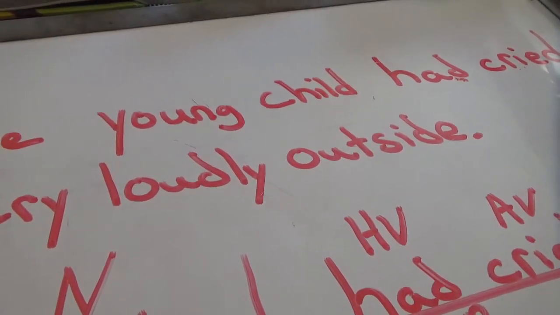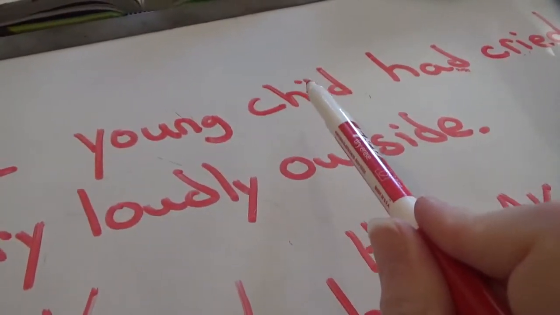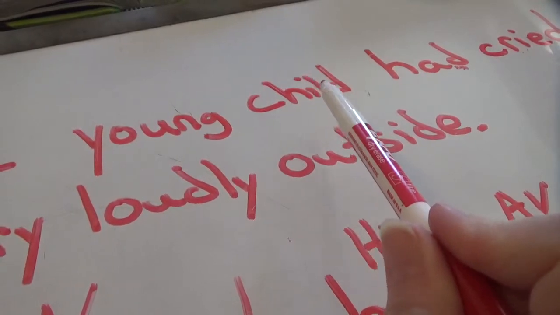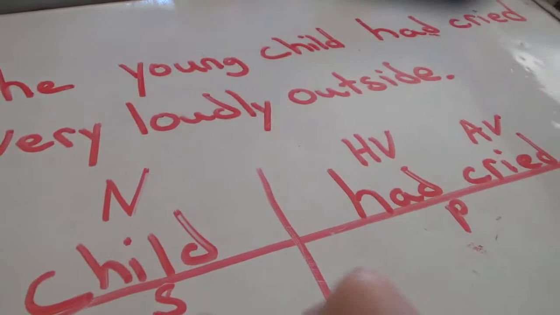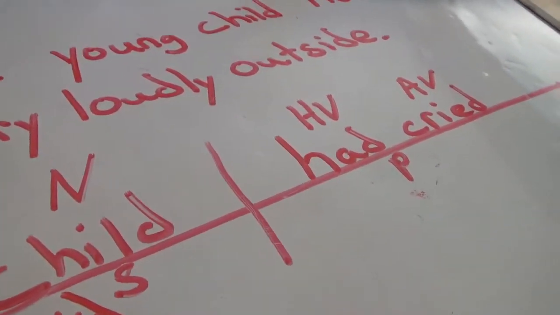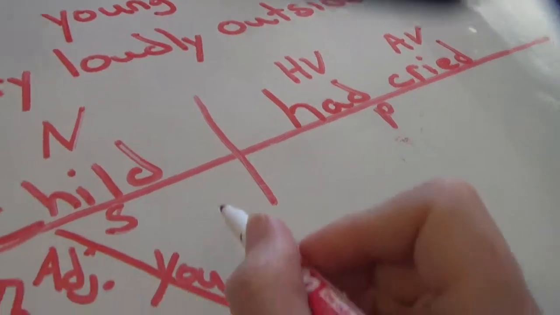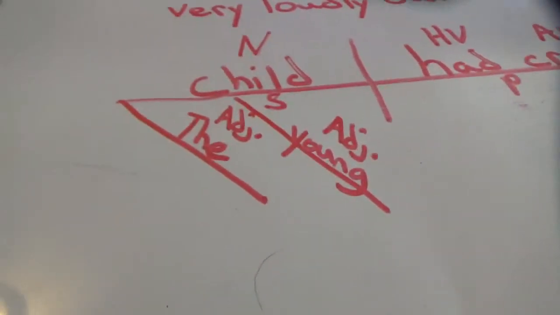Does it modify first a noun or a pronoun? Well, it looks like it modifies child. Child is a noun. So now ask yourself, what question does it answer? What kind, which one, how much, or how many? What kind of child, or which child? Young child. So young is definitely an adjective. Please don't put something down as an adjective unless you identify which question it is answering about which word. Young child, the young child.